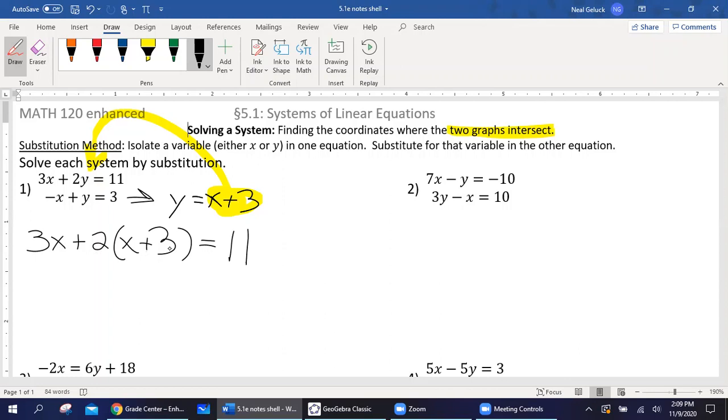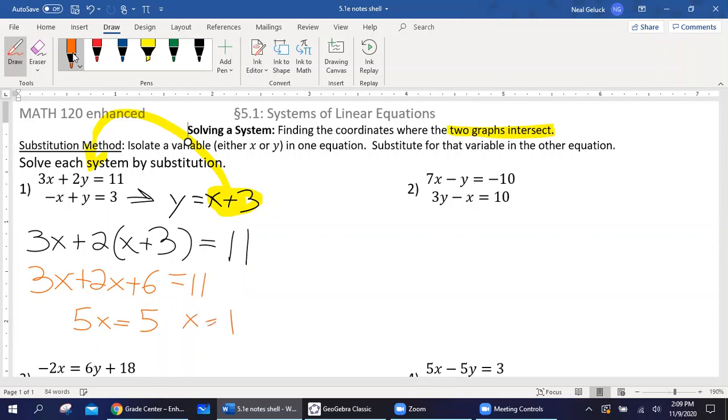Now I have an equation with just x's in it I can solve. So you distribute through. Solve for x. So you'd have 5x. If I subtract over the 6, 5x equals 5, and x equals 1.